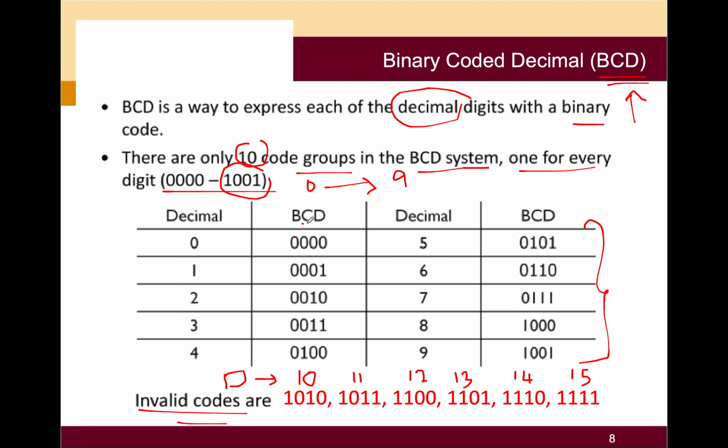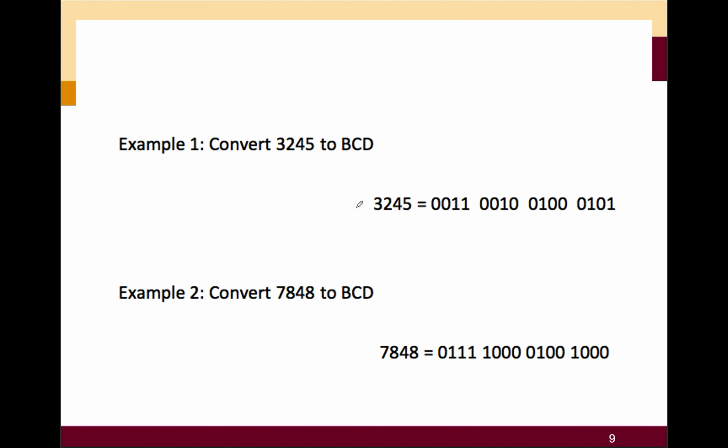But now it's binary coded decimal, where you need 4 bits for every single digit. Over here in decimals you have 1 digit, but in BCD you need 4 bits. So if, let's say, you have 3, 2, 4, 5, how many bits are you going to have?